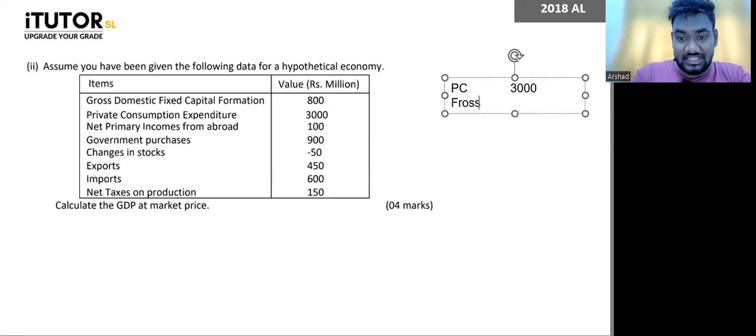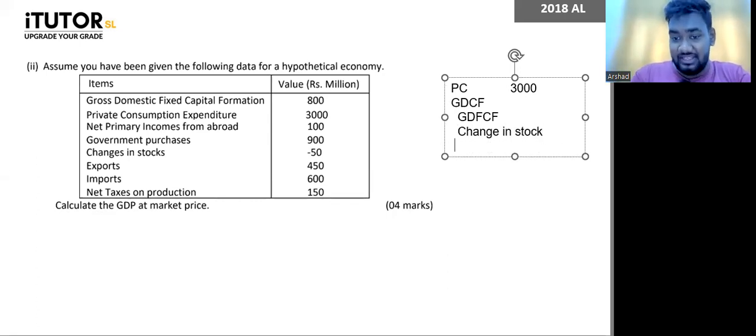So gross investment or gross domestic capital formation will include gross domestic fixed capital formation. It will include changes in stock. It will include what else? Is there changes in value? No, right? So then gross domestic fixed capital formation in our question is 800. Changes in stock is how much?